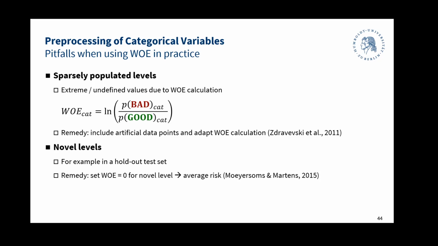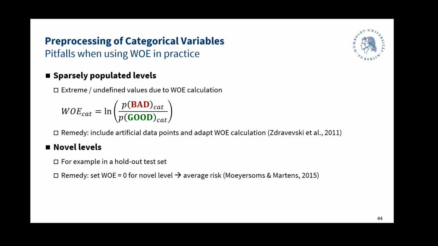Another problem would be if new levels come up in your test data that you haven't seen in your training data. That's a more substantial problem, but on the other hand, what Moyers and Martins argue, let's say you have a new purpose for which somebody wants to lend money. Previously we had car and home and state and holiday. And now somebody wants just to lend money to have some cash. And you haven't seen cash as a category level in your training data.